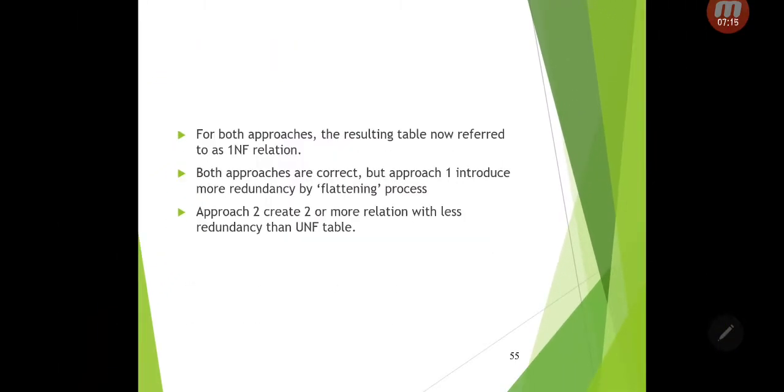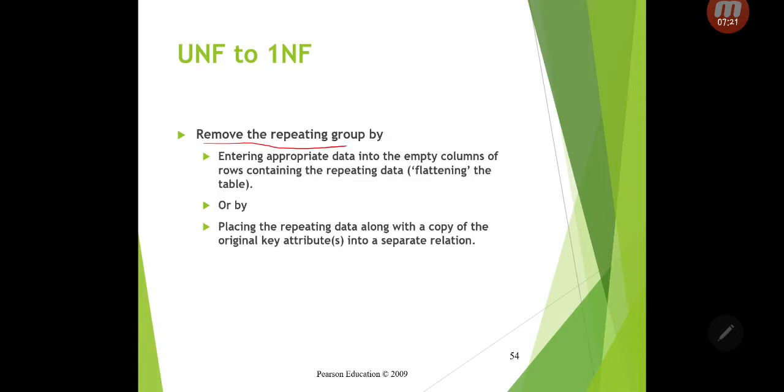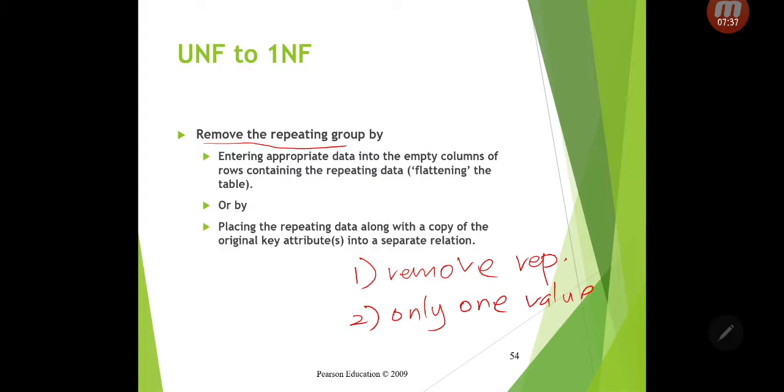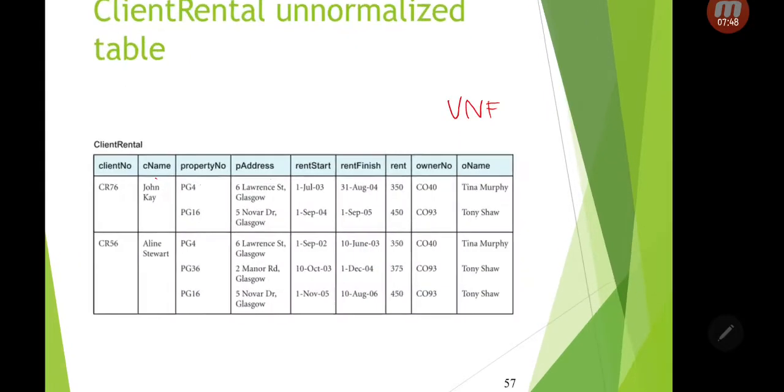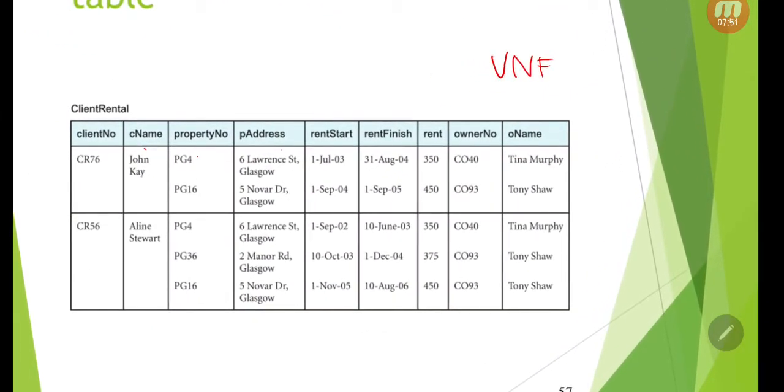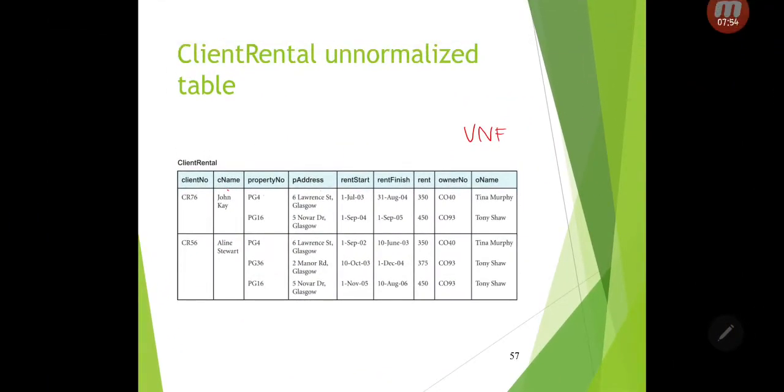The second part is to make sure there is only one value in one cell.